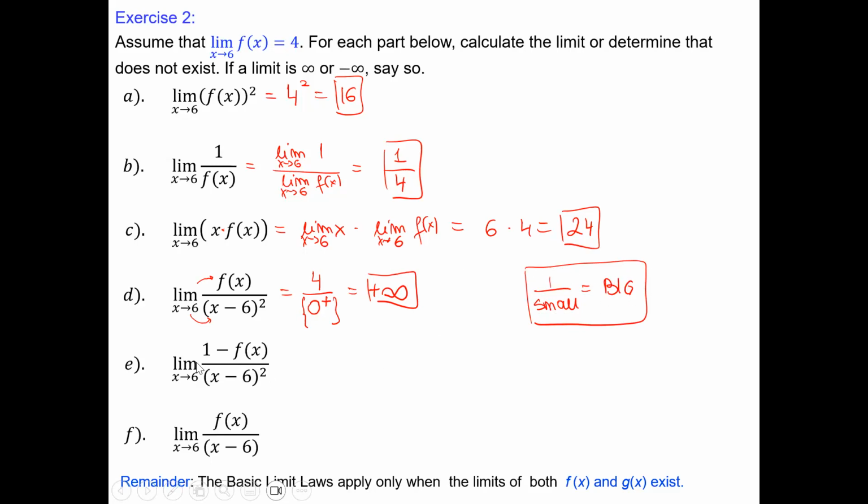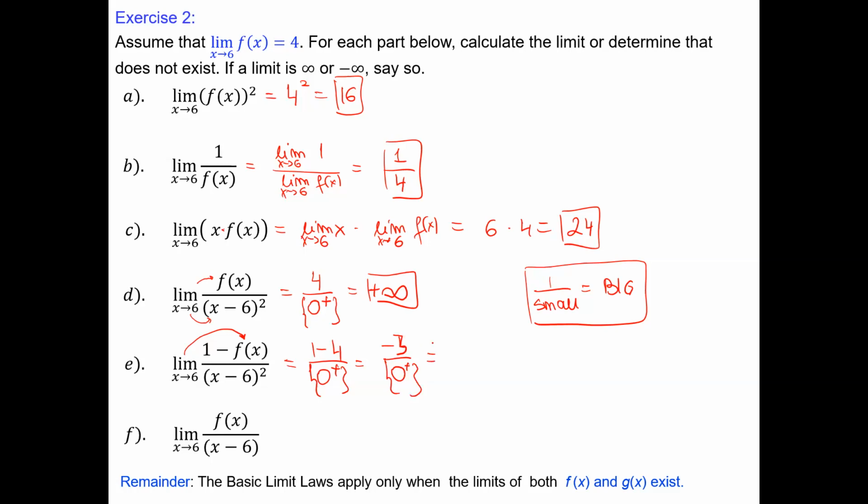Okay, now what's going on here? When I compute the limit of the numerator, we will have 1 minus 4, because the limit of f of x is 4. This one is again 0, positive. That means now we have negative 3 over a small number, almost 0.